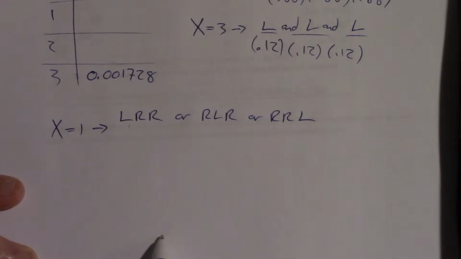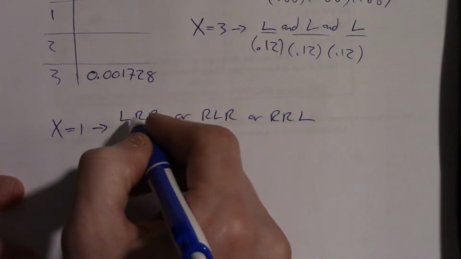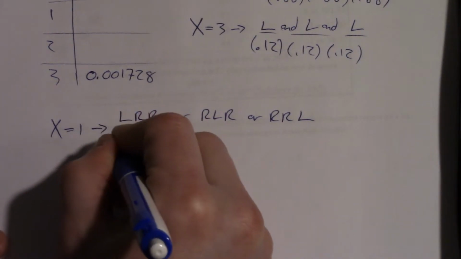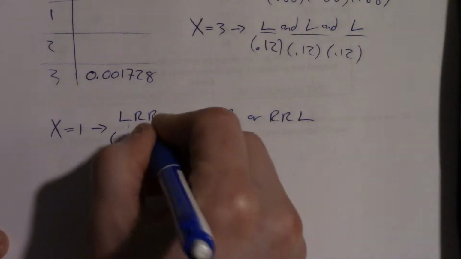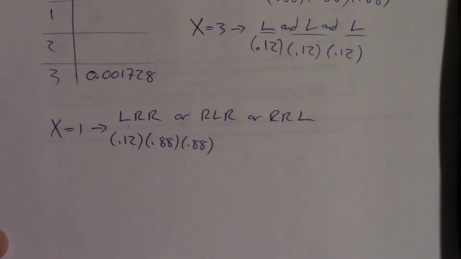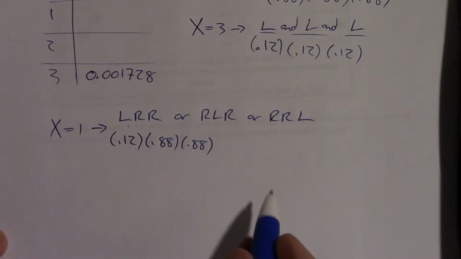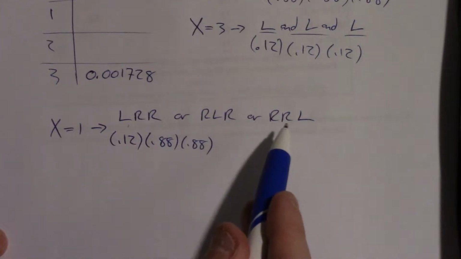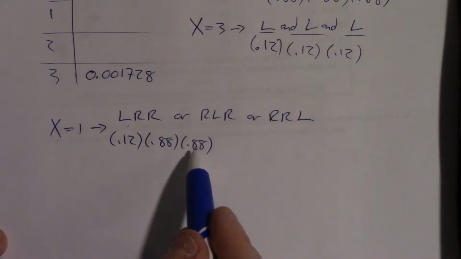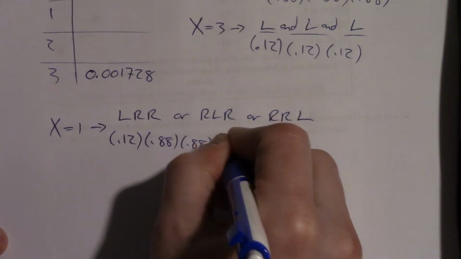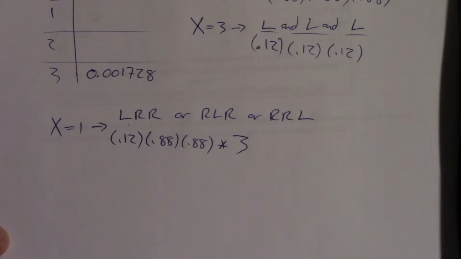Everyone else has to be right-handed. So what's the probability that we get the left, right, right? Well, we're going to have 12% to get the left-handed person, 88 for the right, 88 for the other right. And just like in the previous example, these other combinations will have the same probabilities, just in a different order. So we can multiply this by 3.